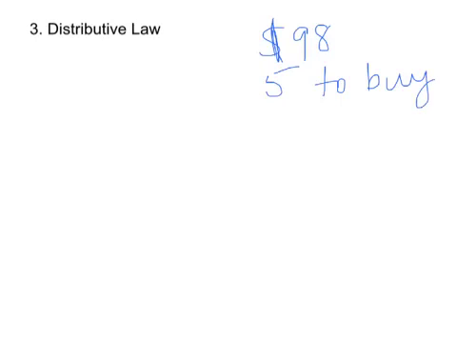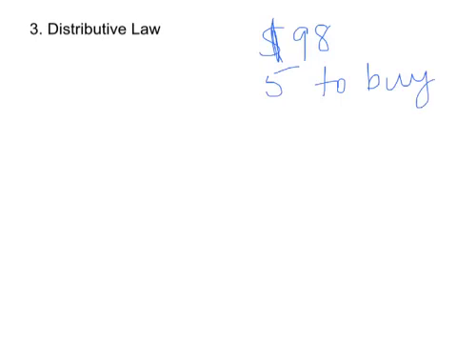I'm going to move on to the third one, which is the distributive law. Now, distributive law means that I distribute. Sounds pretty simple, but what does it mean? Imagine if I've got an item that costs $98 and I want 5 of them to buy.